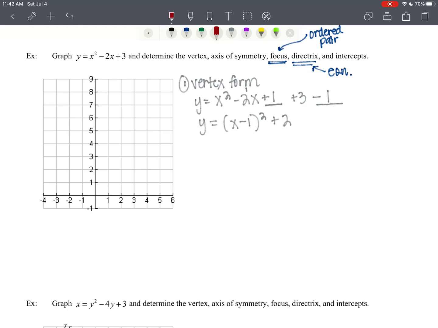From here, we have our a value, a equals 1. We have the h value, h equals 1. And we have the k value, k equals 2. So we have our vertex. We're going to be able to identify our axis of symmetry very easily.